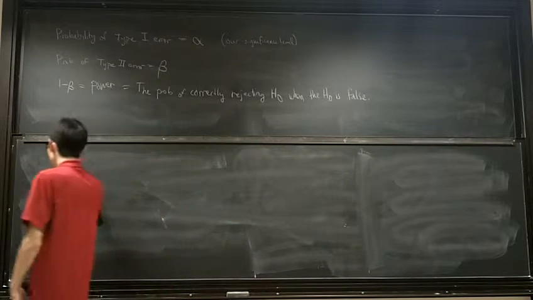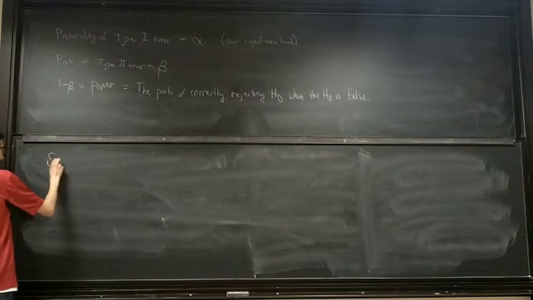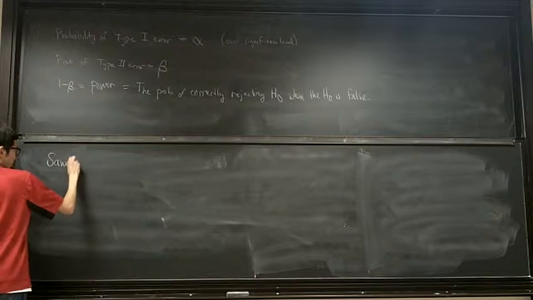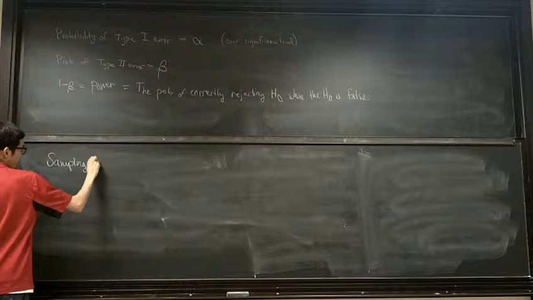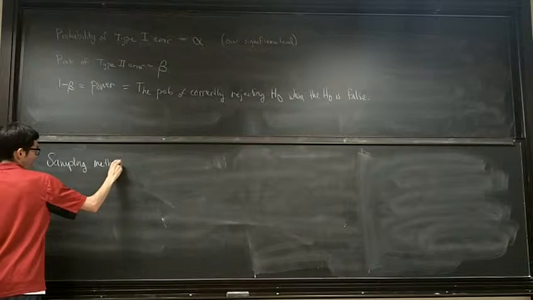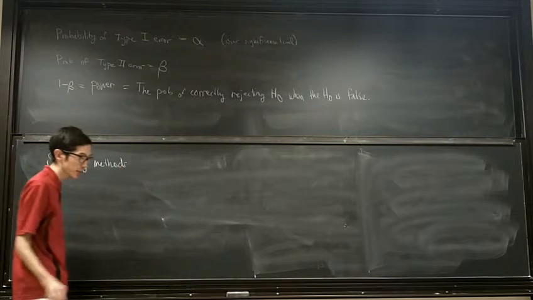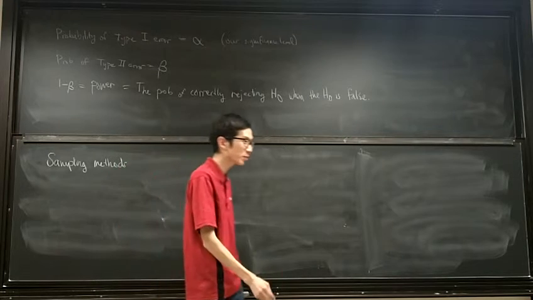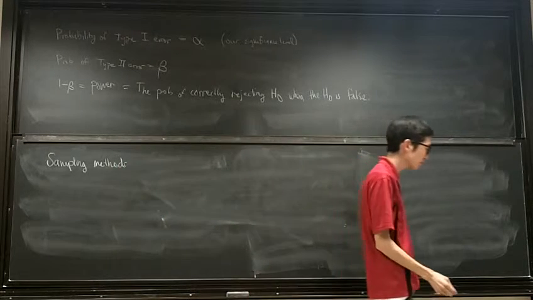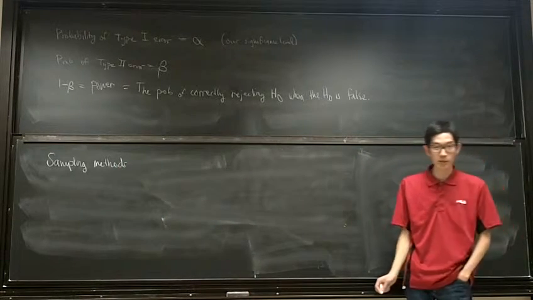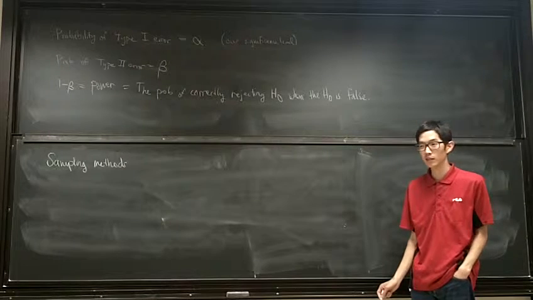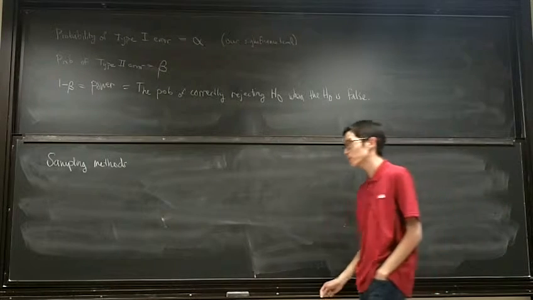All right, so now I want to talk about sampling, okay? Sampling methods, okay? And there is one sampling method that we've talked about quite a bit, and what is that? Simple random sampling, right?